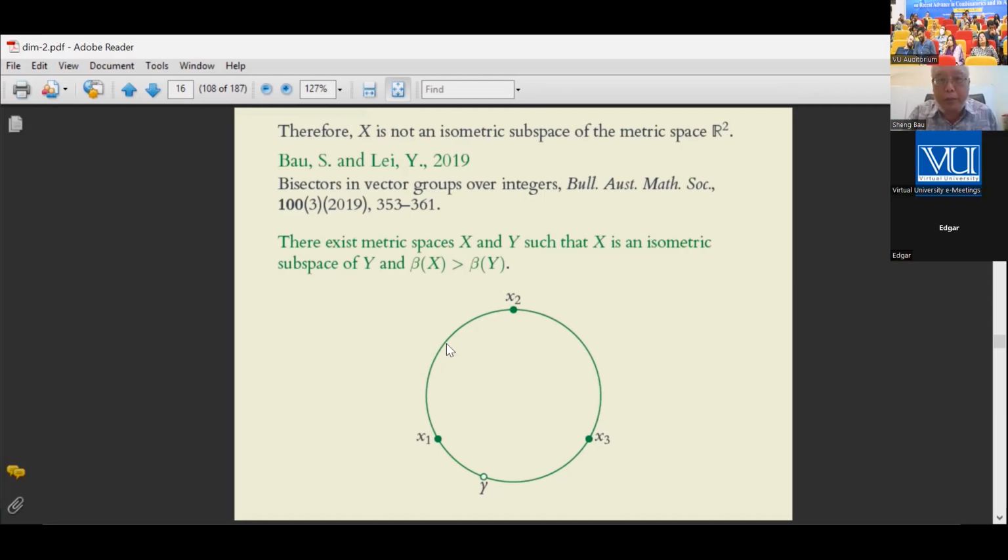Now in the isometric subspace, the distances in the subspace are exactly the distances in the ambient space. We have to use an isometric subspace in order to talk about monotonicity. This subspace cannot be resolved by any one point, because if you take, for example, x1, then x2 and x3 are both distance 3t away from x1.